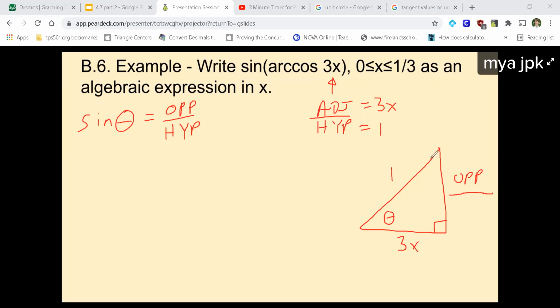So again, it's just like we were doing before. It's just we have an x term instead of a number. So if I use the Pythagorean theorem for this problem, I'll have 3x quantity squared plus the opposite side squared is equal to 1 squared.